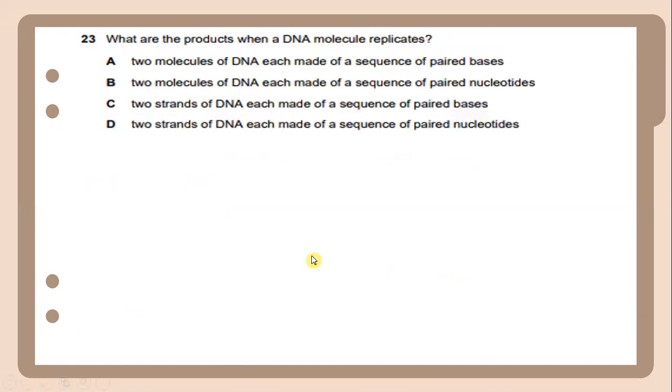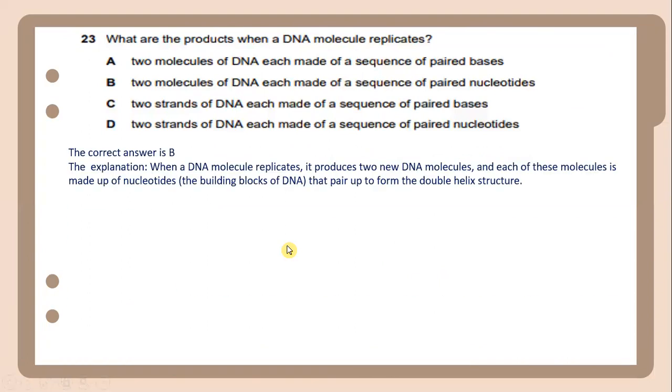What are the products when the DNA molecule replicates? The answer will be, when the DNA molecule replicates, it produces 2 new DNA molecules, and each of these molecules is made up of nucleotides, the building blocks of DNA, that pair up to form the double helix structure.